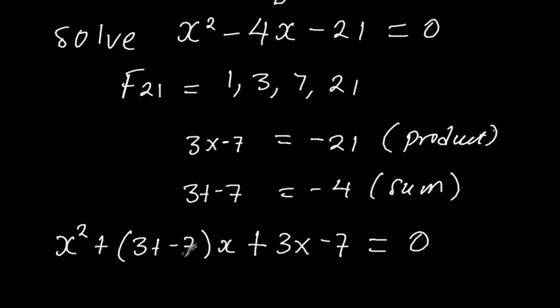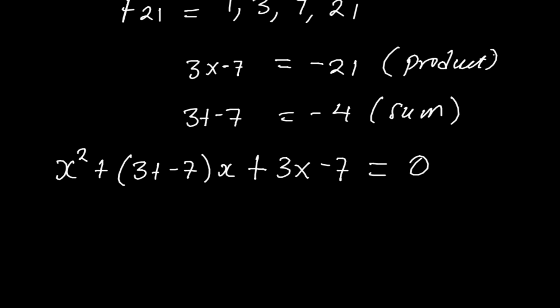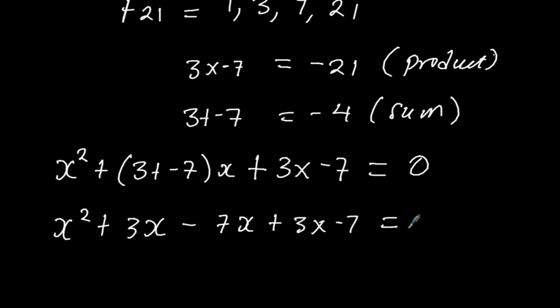I'm using plus because these negatives are already catered for within the factors. So this will be x squared plus 3x minus 7x, then plus 3 times negative 7 equaling 0.